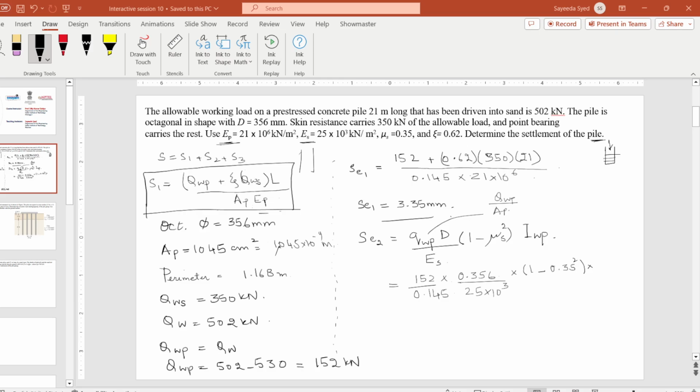So here we take 0.85. Let's calculate SE2. This comes out to be 15.5 mm.